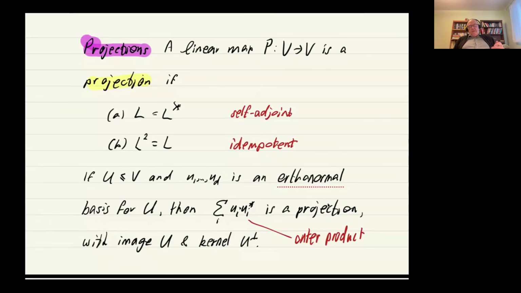Its image is U, the subspace you started with, and its kernel is U perp. You can see that the kernel contains U perp because u star applied to something in U perp is going to be 0. The other comment I'll make is when in your linear algebra course you used Gram-Schmidt, you computed projections onto subspaces. To compute a projection onto a subspace, the first thing you do is find an orthogonal basis for the subspace, then do some fiddling around and eventually compute the projection.